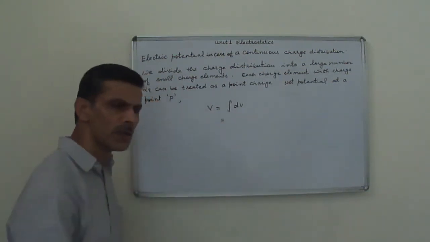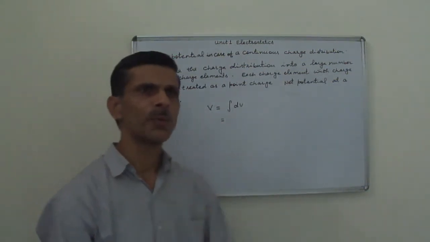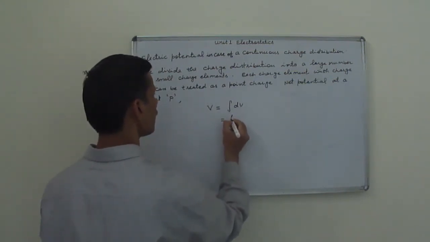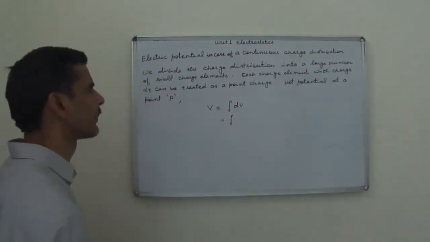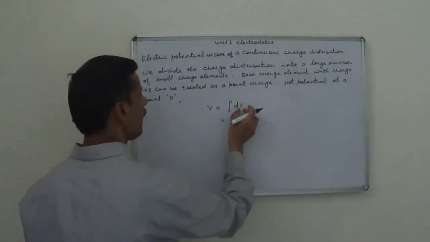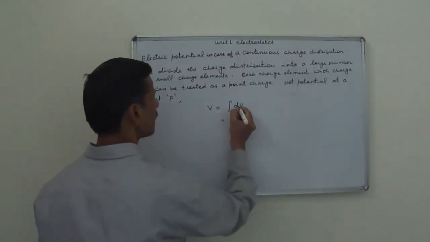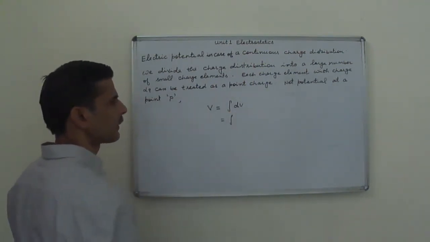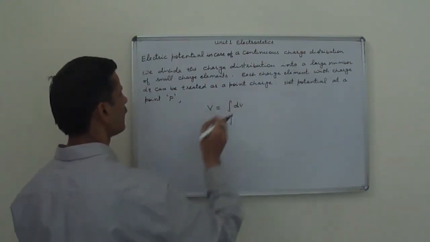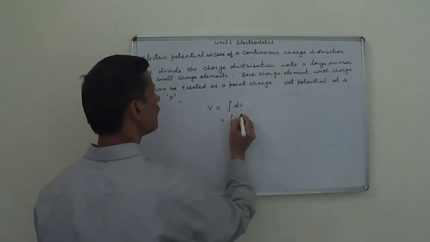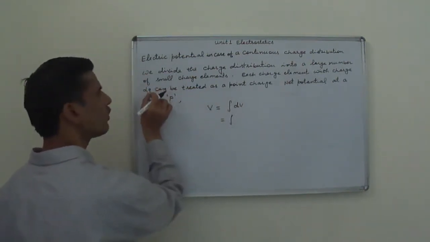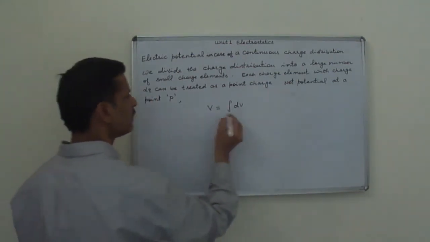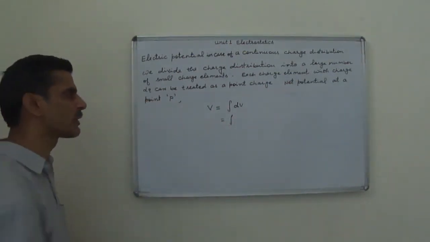Here dV is the potential due to a charge element. dV is the potential due to a charge element having charge dq, and dq can be treated as a point charge.